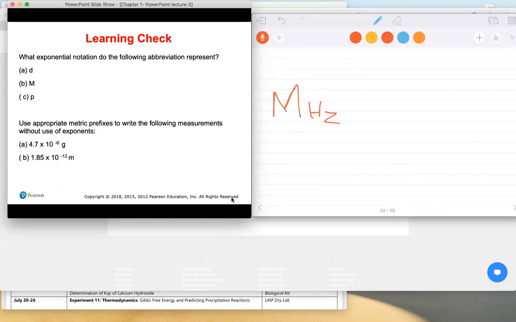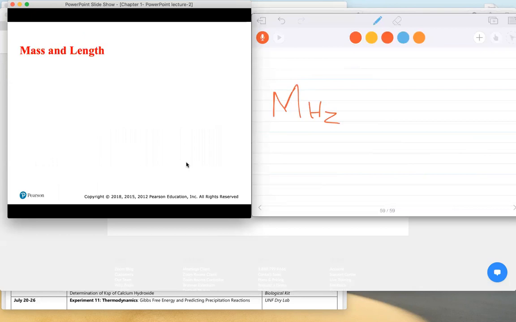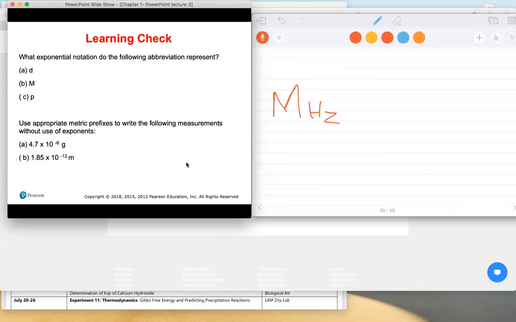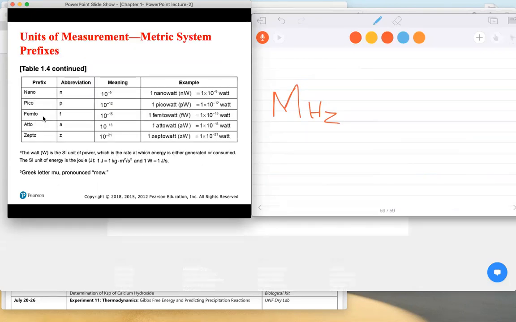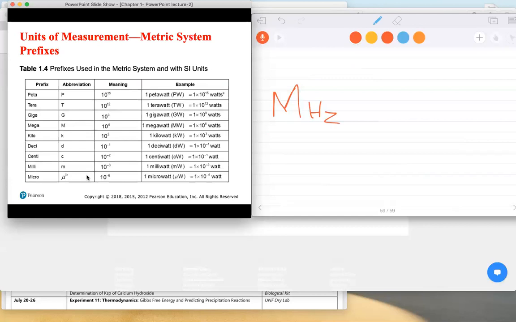Somebody is asking a question, Andrew, how come microliter is raised to B? There is a footnote. It's just a footnote. Let me go back. It's because of the footnote. This footnote right here, Greek mu, pronounced mu. This is based on this, the micro, mu, we call it mu.